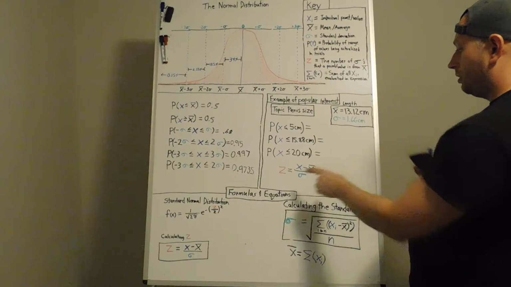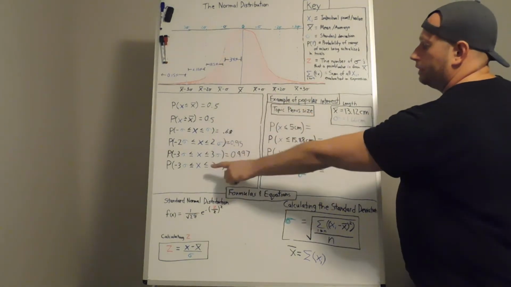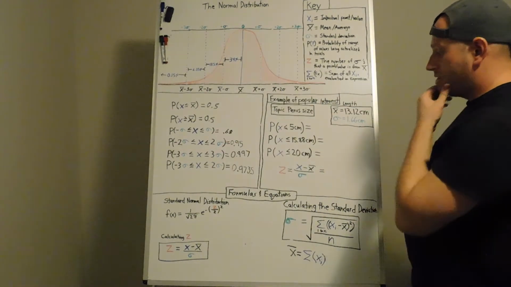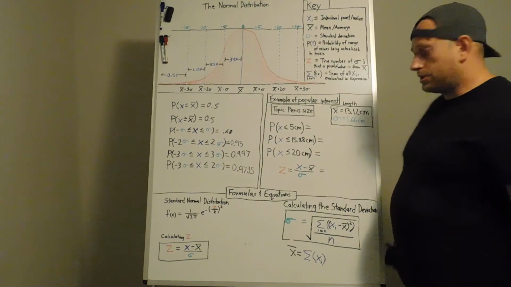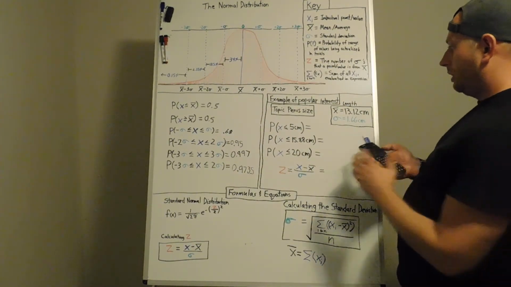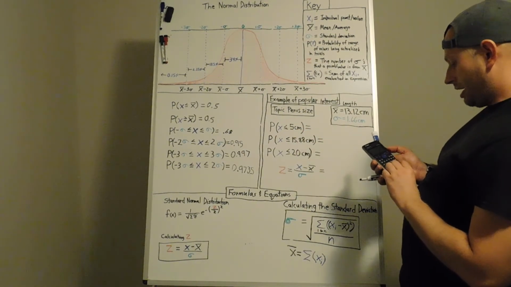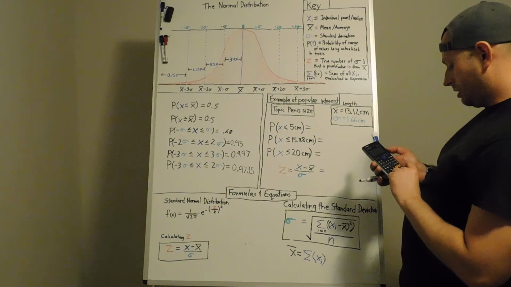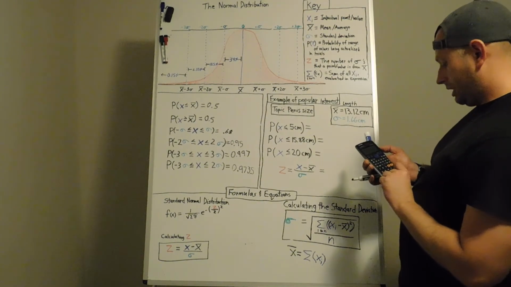What we want to do is use this formula here to find the z value, because what we were really using here were z values implicitly. We want to know how many standard deviations that is first. To figure that out, we take 5 centimeters, which is x, minus the average, which was 13.12.